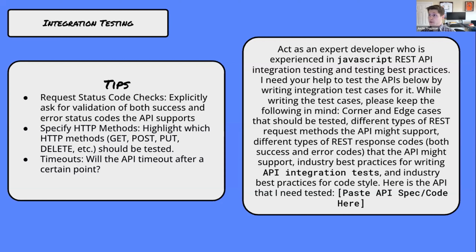I found that you could not only put in the actual code of the endpoint or of the request there, but also say, for example, you're using the OpenAPI standard and you have a Swagger file, or you have a Postman collection and you export that Postman collection as JSON or YAML. By putting those specs in and then specifying in the prompt what API test framework you want to use, you'll get pretty solid outputs as well.